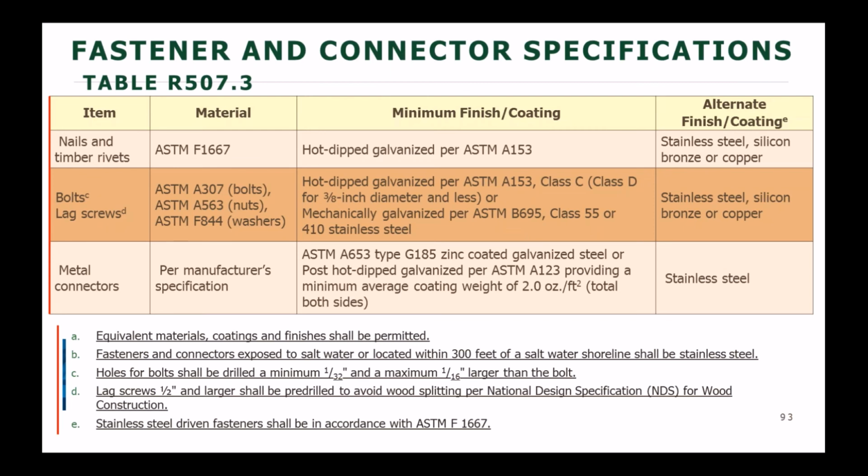With metal connectors, so we're talking all the different kinds of connectors that you have available on the market right now, manufacturer specifications are what we're going to go back to, and there we're looking at something that has been hot dipped or is stainless steel, and stainless steel connectors are actually on the market in some cases now. So that's kind of our difference between our framing connectors that we see for the interior of the building and these connectors that we need at the exterior of the building in a deck.